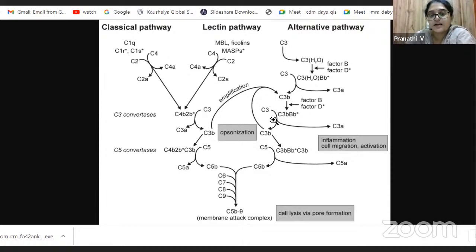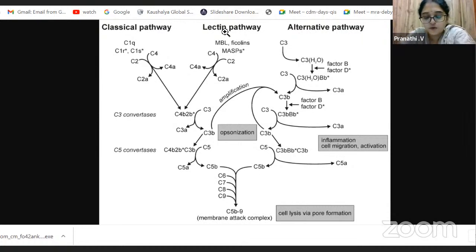This again works in inflammatory reactions, cell migration, activation and so on. You also have the lectin pathway. In this, lectins are proteins which recognize and bind to specific carbohydrate targets. This is initiated by soluble carbohydrate binding proteins such as MBL, which is mannose binding lectin.